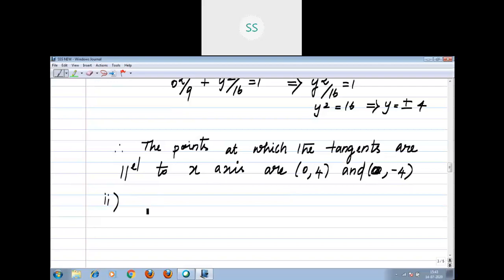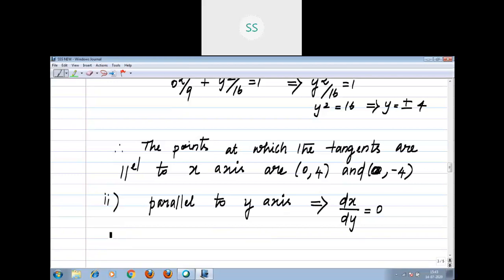The same equation, but what is given in the second subdivision? Parallel to y-axis. See, parallel to y-axis means what comes to your mind, which implies dx by dy equal to 0. That is the meaning. dx by dy equal to 0.